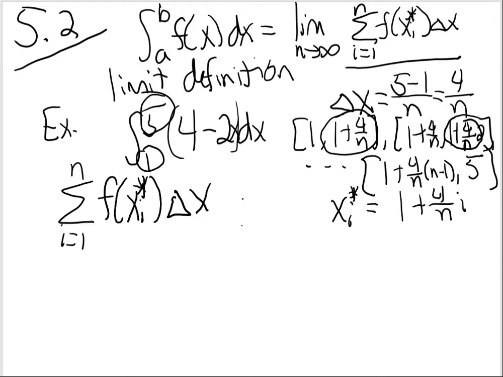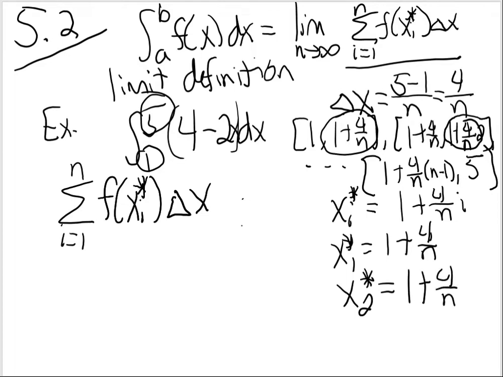And to see that, you could say, well, x1 star is 1 plus 4 over n. x2 star is 1 plus 4 over n times 2. x3 star is 1 plus 4 over n times 3. And you start to see a pattern, giving us the most general one.